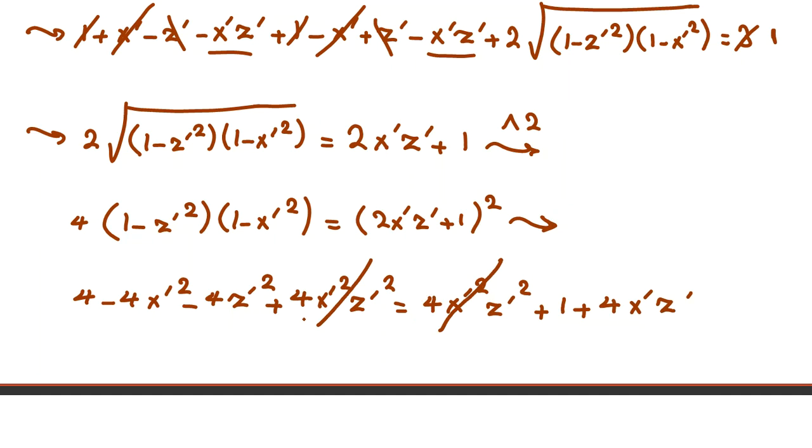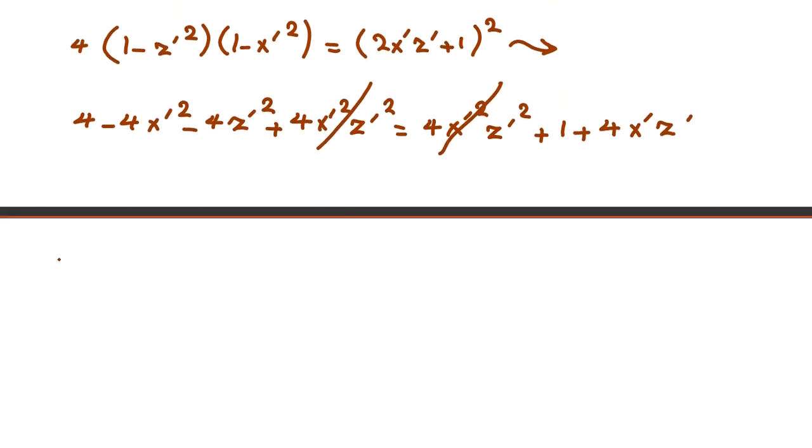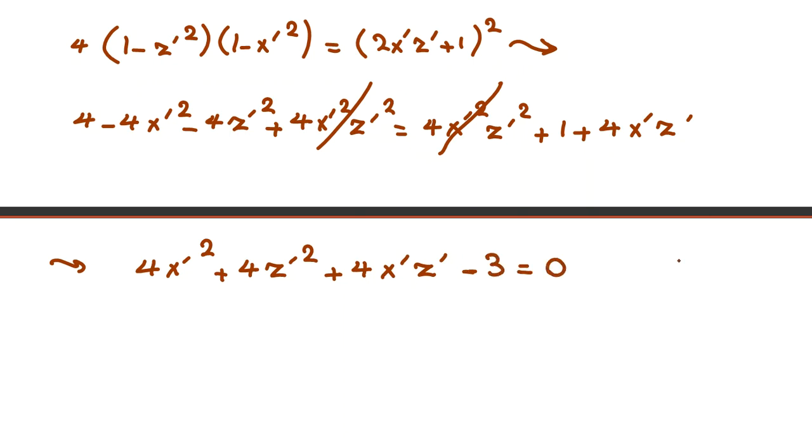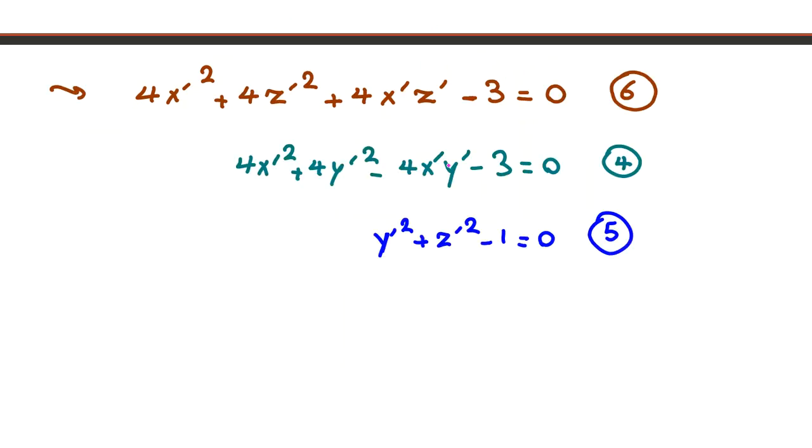We can cancel these two terms, and if we take to the right side, it will be 4x prime squared, and the next one is what? 4x prime squared plus 4z prime squared plus 4x prime z prime. 1 minus 4 is minus 3 equal to 0. We call it the sixth equation. Okay, these are our new equations.